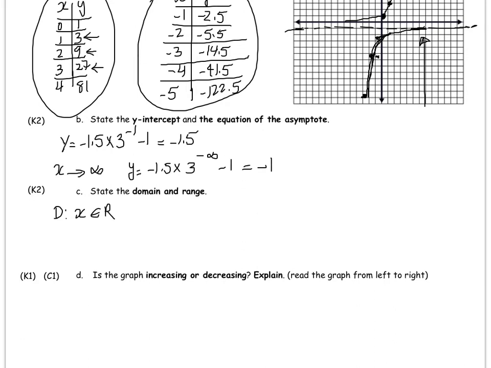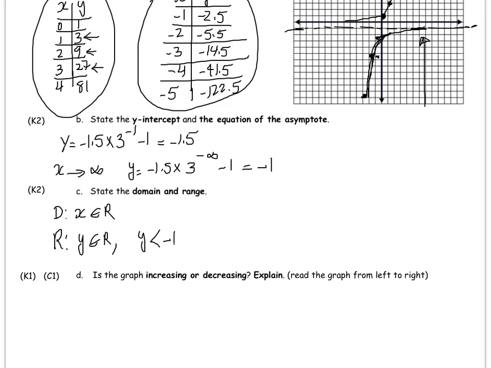But for the range, you can see that the y values are all less than negative 1, but they never equal negative 1, because y equal negative 1 is the horizontal asymptote. So I can say that the range is y in R and y less than negative 1.